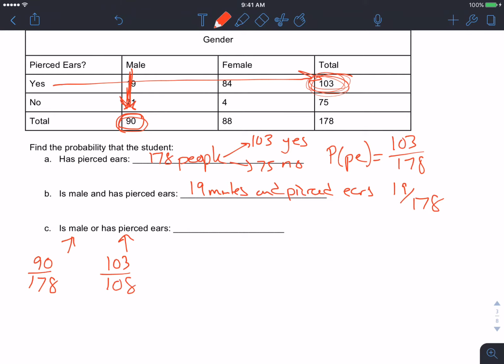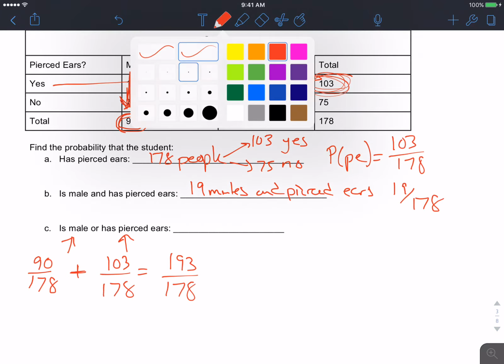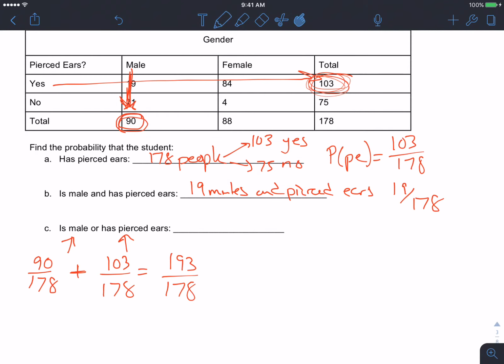But look at what happens when we try to add those together. Sorry, that's supposed to say 178. You get 193 over 178. Well, you can't do this. Why can't we do this? Because these events are not mutually exclusive.